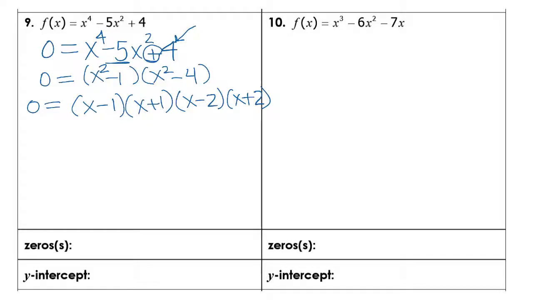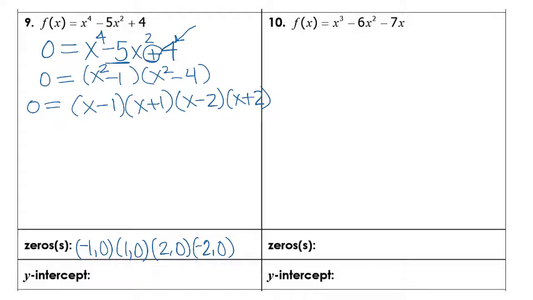How many zeros are we going to get from all that? We're going to have 4 zeros, aren't we? So down through here, when we start listing those out, we're going to have (-1, 0). We're going to have (1, 0). We're going to have (2, 0). And what's going to be the other one? (-2, 0).